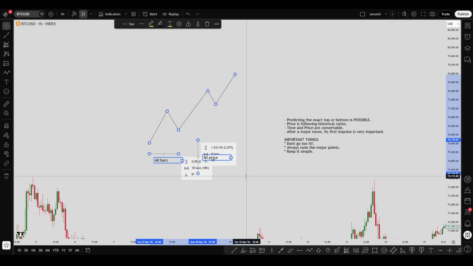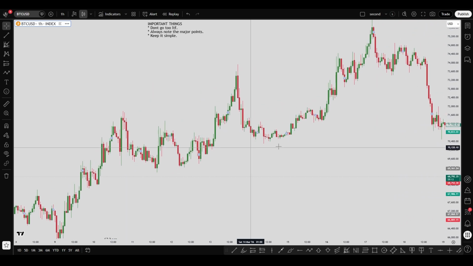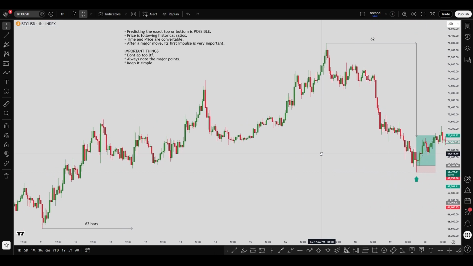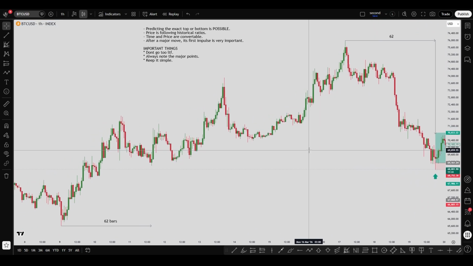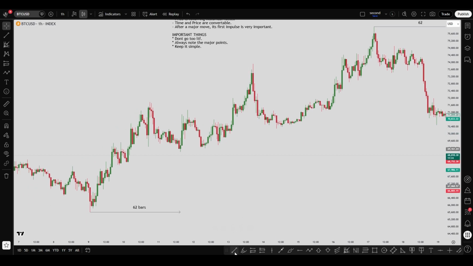I'm gonna show you how it works, and some real examples with actual results. Okay, so if you calculate the price distance between the low and the high, look what you get. I'm not doing anything complicated again. As you can see, we have a low and we have a clear high afterwards.